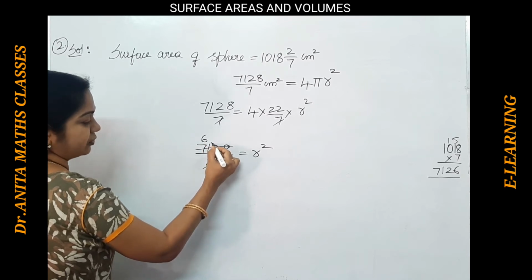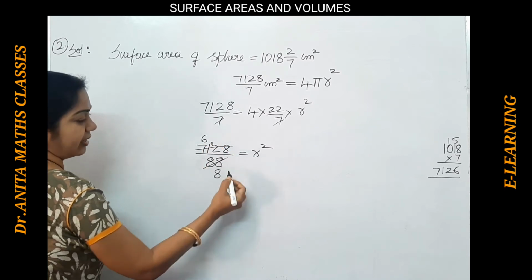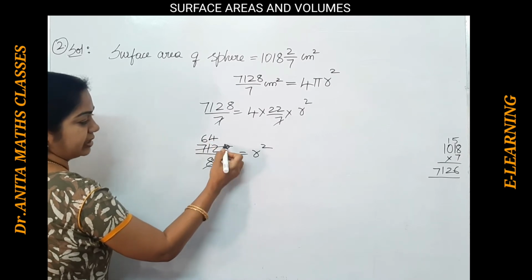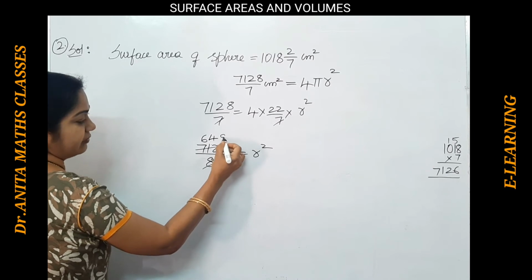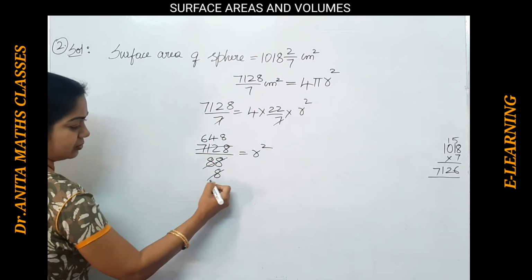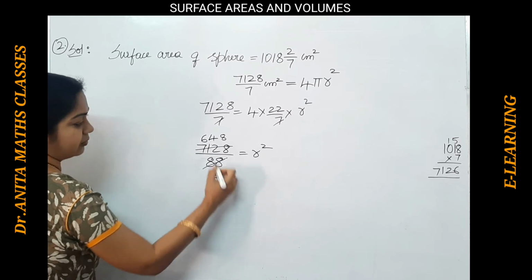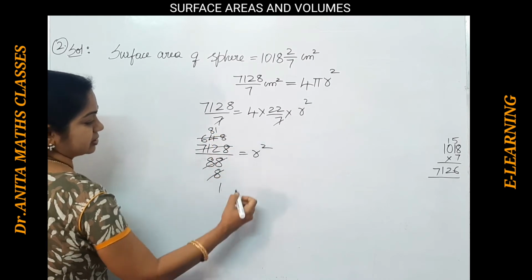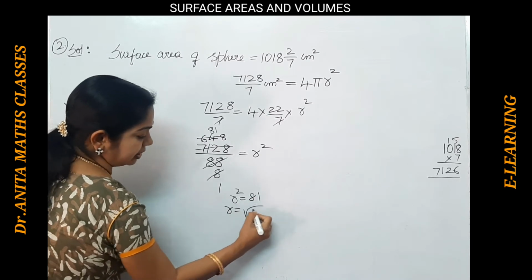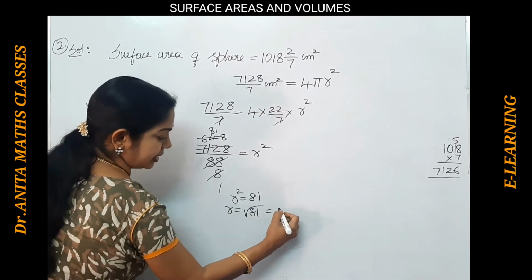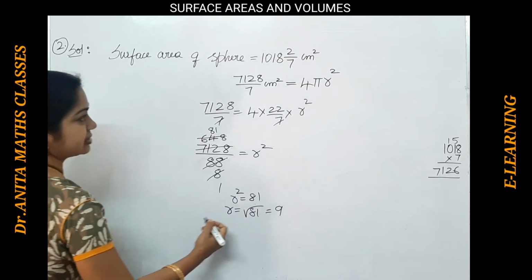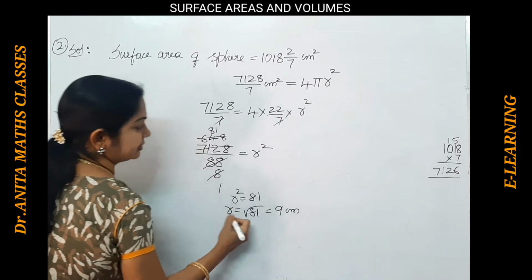So 5 is left over here, 52 we have, and 11 4s 44. So how much? 8 is left over. So here 88. So 11 8s 88. So directly it is going with 11. So 8 table, 8 ones, 8 eights, 8 ones. Okay. So r square is 81. So square root of 81 is plus or minus 9. So we have to take only positive values for the measurements. So 9 centimeter is the r value.